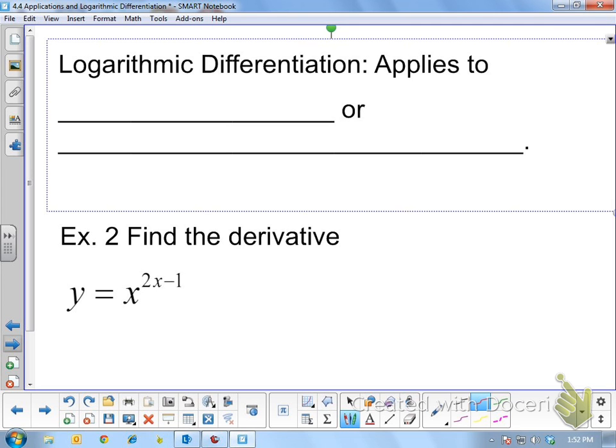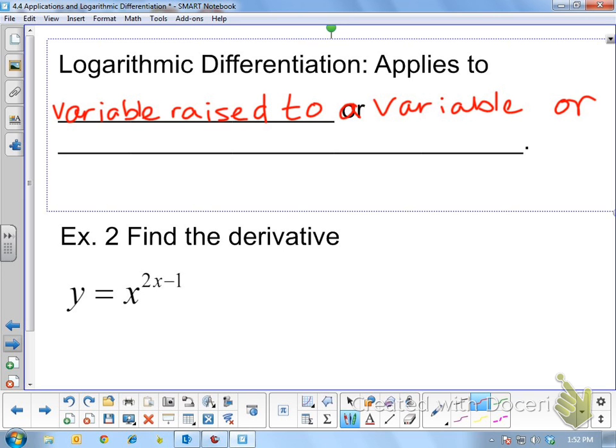When we have a variable raised to a variable, or if we have a super complicated derivative.